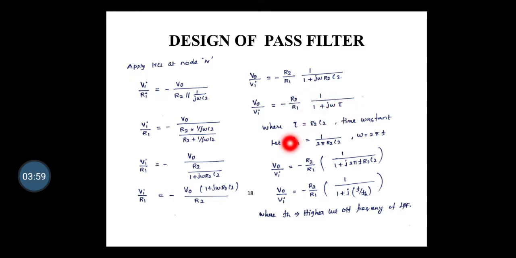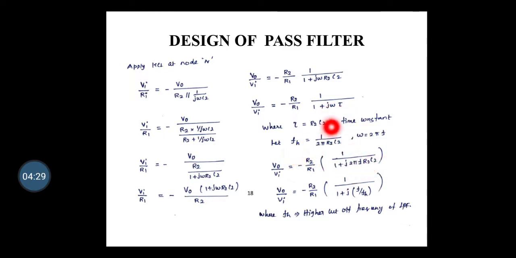Our cutoff frequency, we know, is 1 by 2 pi RC. From this, omega will be written as 2 pi F. So, for 2 pi F we can place omega, and then we can substitute this relation in that term. We can write V0 by Vi equal to minus R2 by R1, 1 divided by 1 plus, instead of omega we place 2 pi F, and instead of tau we place R2 C2.